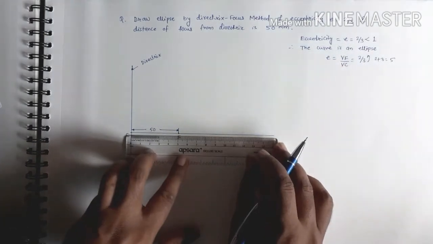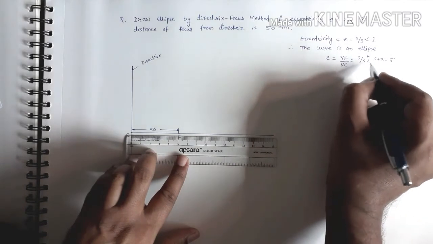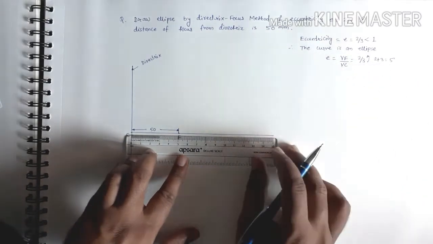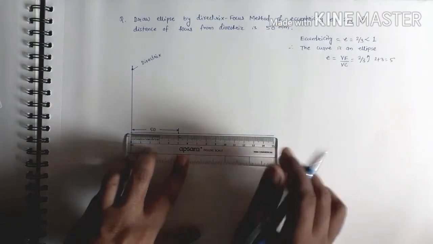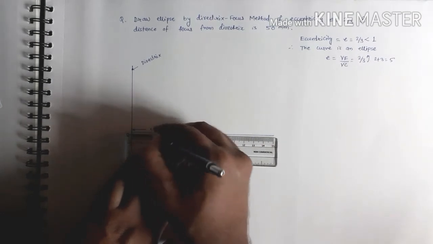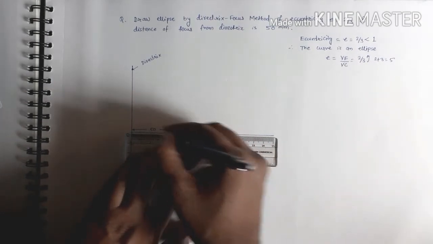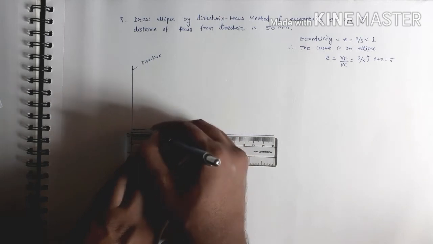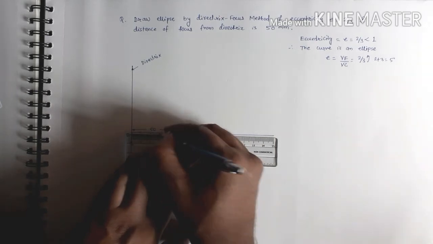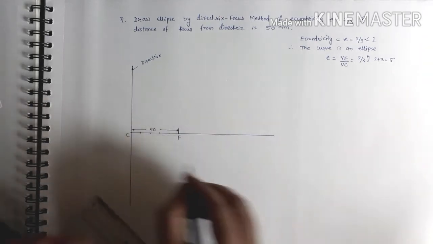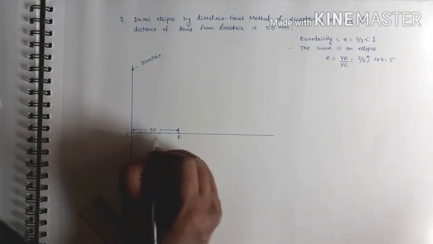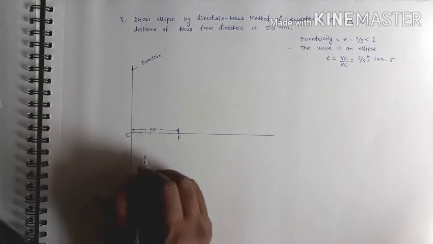So divide this line in 5 parts, that's why we have done here 2 plus 3 is 5. So first part, that is 50 mm, so 10 mm, 20, 30, 40 and 50. This is the first part, second part, third part, fourth part, fifth.